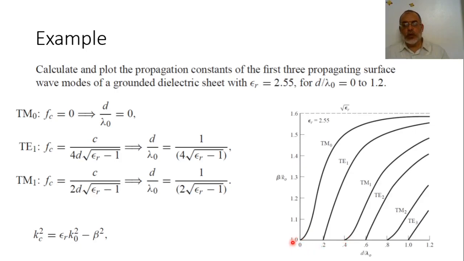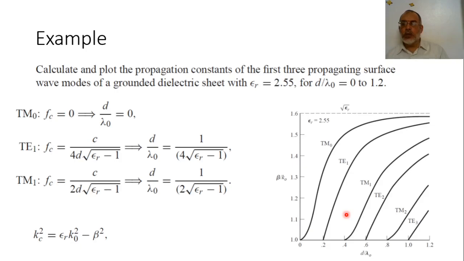So the cutoff frequency of the first mode is 0, or d over lambda equals 0. The cutoff of the second mode will occur when d over lambda equals 0.2. The third mode, or TM1 mode, will occur when d over lambda equals 0.4. So from this we see that as the thickness of the dielectric slab increases, we have higher order surface wave modes.